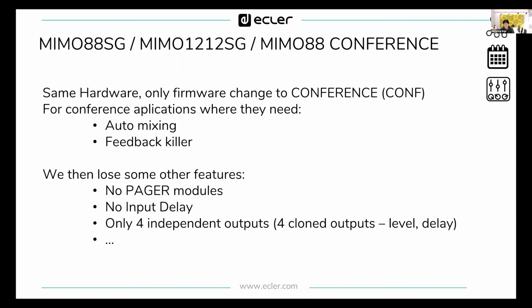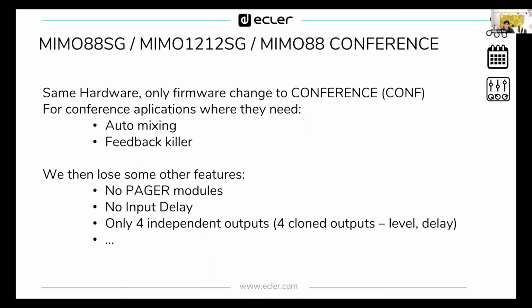One of them is that we do not have pager models for paging stations, which would not be important, because if you're using MIMO for conference purposes, you will not use a pager.